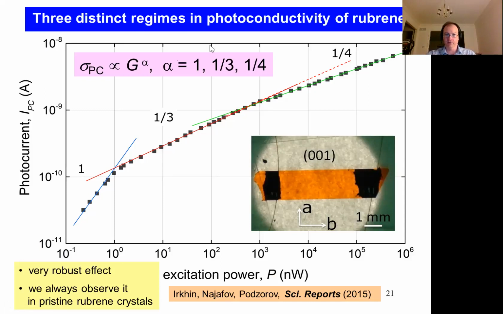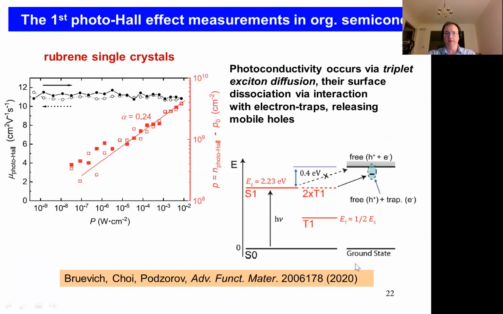So all this was explained by a model introduced in this paper. And here in this newer photo-Hall study, we seem to confirm this behavior, confirm these fractional power exponents, now using completely different measurement methods, not just photoconductivity, but the photo-Hall effect.